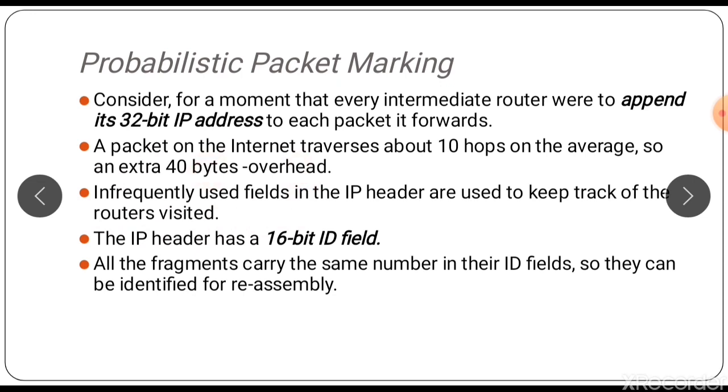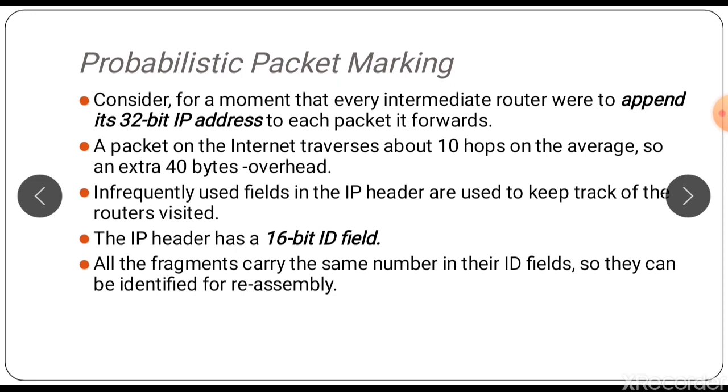The IP header has a 16-bit ID field. This field provides support for packet fragmentation and reassembly. Different networks have different restrictions on the size of the datagram they can carry, so they may need to split a datagram into two or more fragments and send each of these fragments separately.